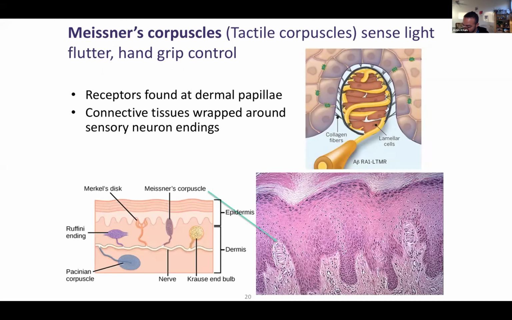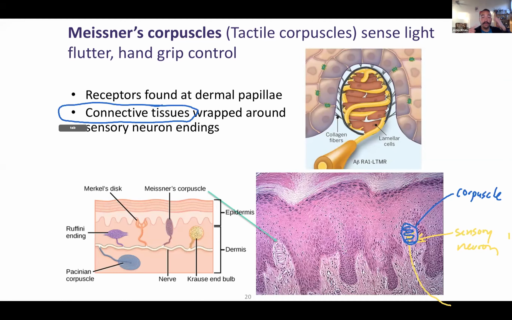What it actually is, is a nerve ending. So this is a sensory neuron. And what you're seeing, that oval shape with some texture, that's the Meissner's corpuscle, made of connective tissue, wrapped around the sensory neuron ending.